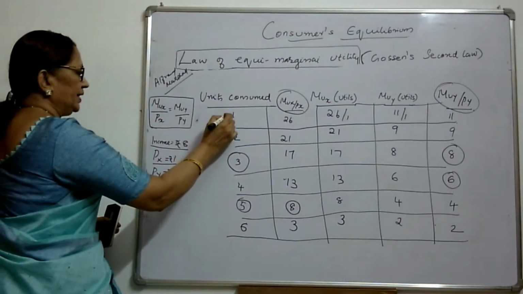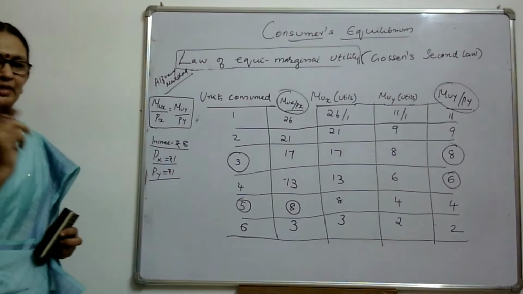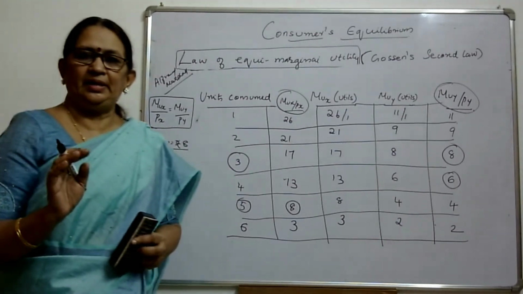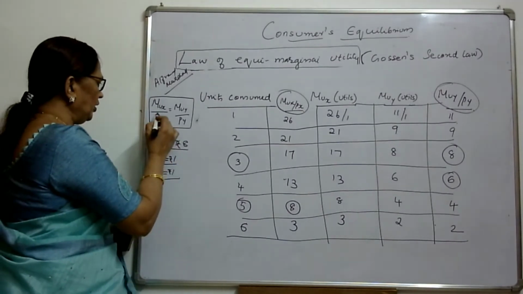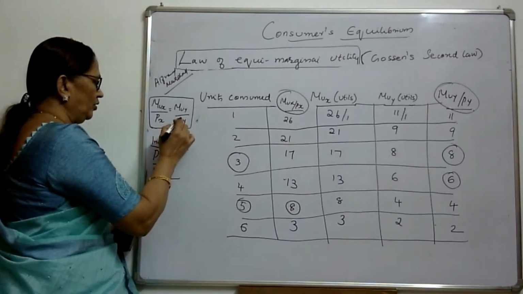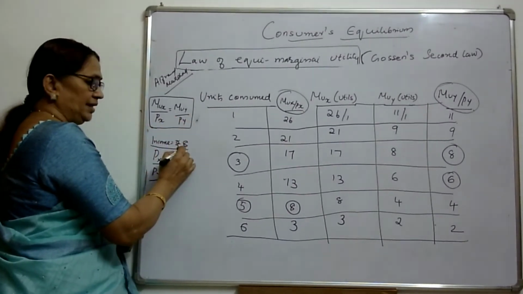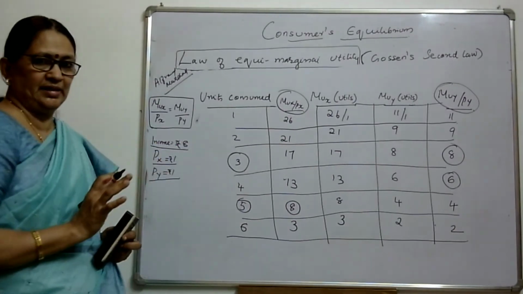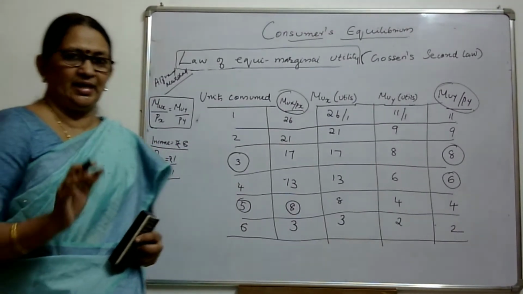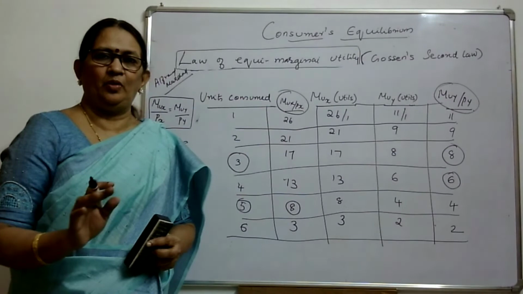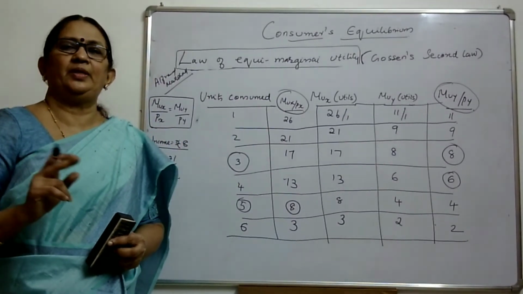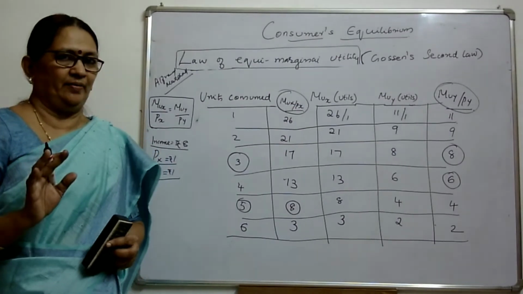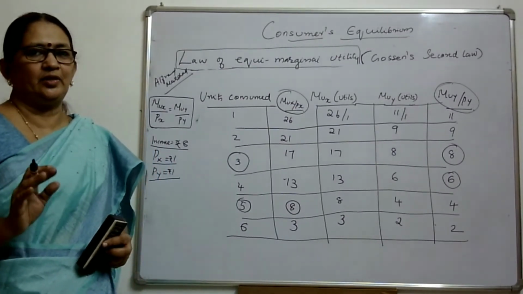First of all, we will take the first unit consumed of commodity X. So, the condition is MUx by Px should be equal to MUy by Py, and it should be equal to his income. He cannot spend more than his income. And the condition is that he should spend his entire income on both the commodities, so that the satisfaction derived from the last rupee spent on both the commodities is equal. So, these conditions are to be fulfilled.